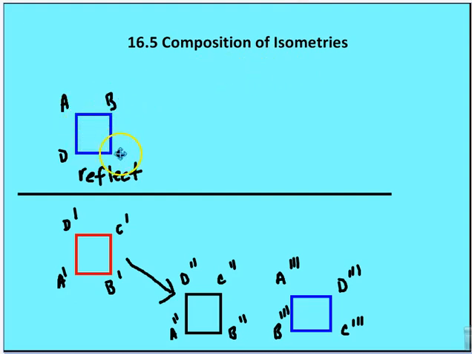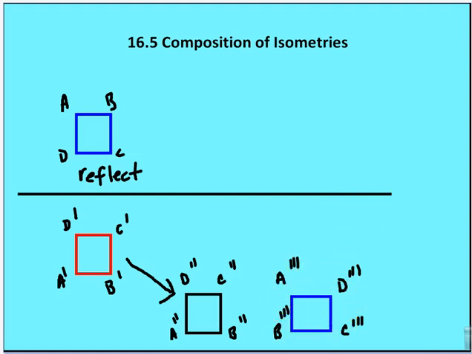I have my rectangle ABCD. I'm going to reflect it across the line of reflection. It becomes A prime, B prime, C prime, D prime. I then translate it to A double prime, B double prime, C double prime, D double prime. And then I am going to rotate it to become A triple prime, D triple prime, C triple prime, and B triple prime.